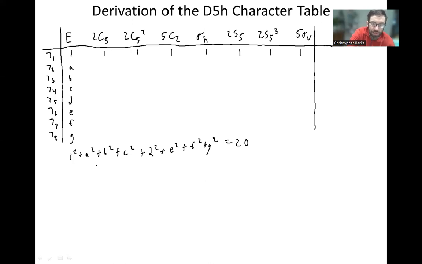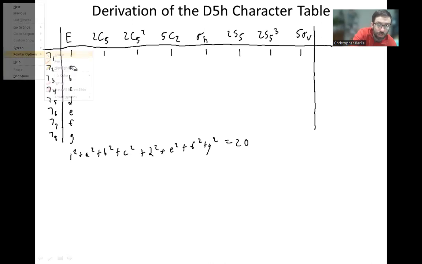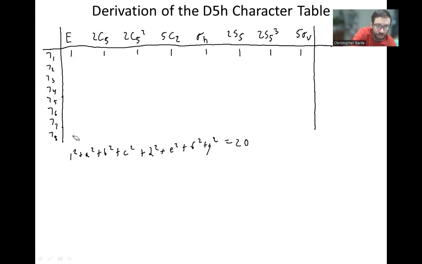And if you stare at this long enough, you can figure out there's only one solution to this, where you can only have 1s and 2s. And that's where you have 4 2s and 4 1s. Because if you have 4 2s, each of those 2 squares is 4, and 4 of those is 16.